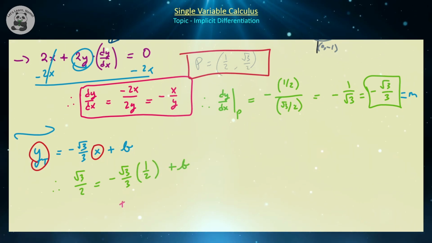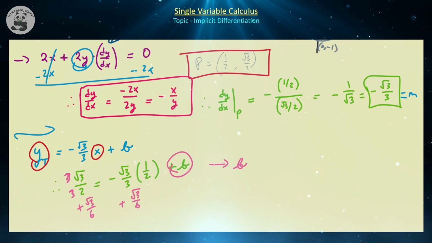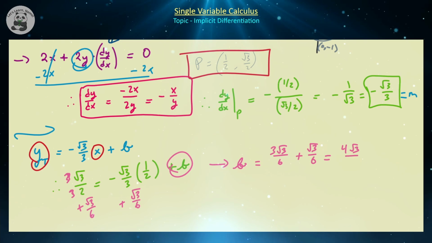And then what I can do is I can add the square root of 3 over 6 to both sides, right? And then obviously I need to multiply that by 3 to get a common denominator there, and that's going to give us our b. So b is going to be equal to 3 square root of 3 over 6 plus the square root of 3 over 6, and that's going to be 4 square root of 3 over 6, right?